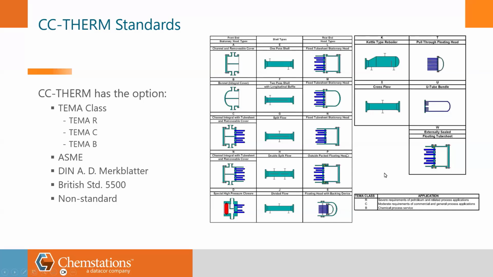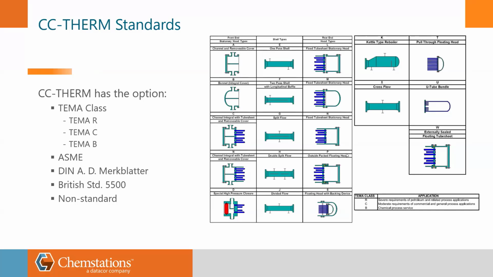The most common types are used for the front head of the heat exchanger, the body of the shell, and the end head of the heat exchanger. So what are these TEMA R, TEMA C, and TEMA B? They are different types of processes that you will qualify your exchanger to be used for.